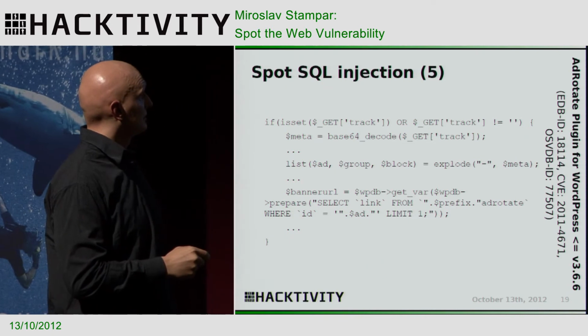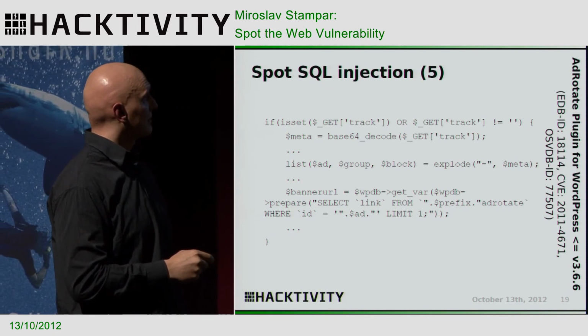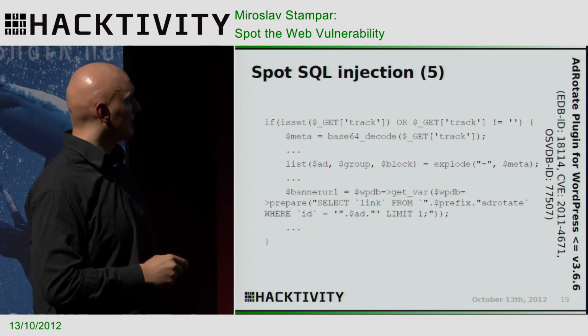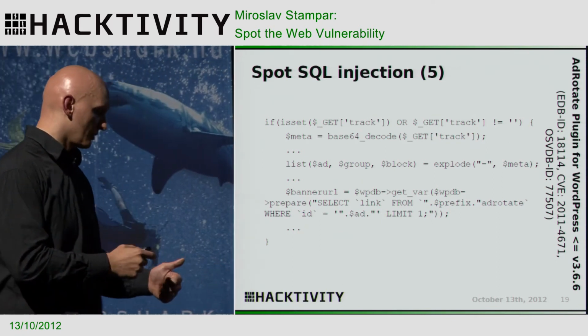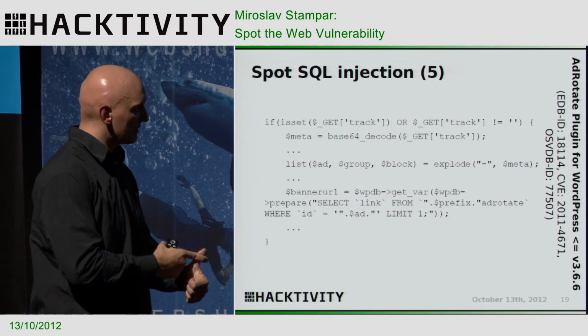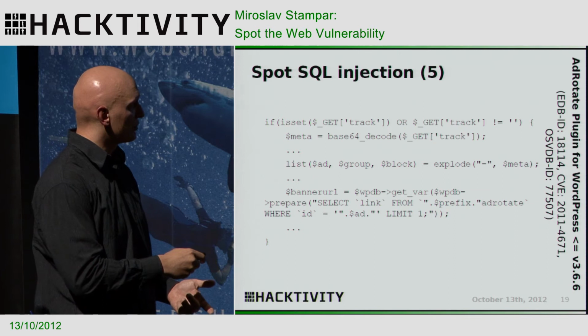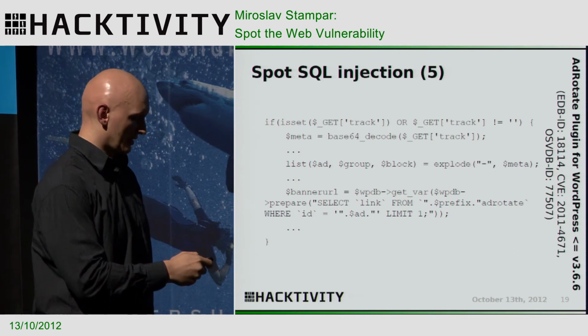So just remember that if you use prepared statements, you have to split the SQL statement part and the parameter value part, and this will not protect you if you are using just the SQL statement part.